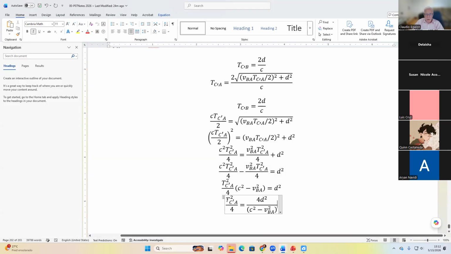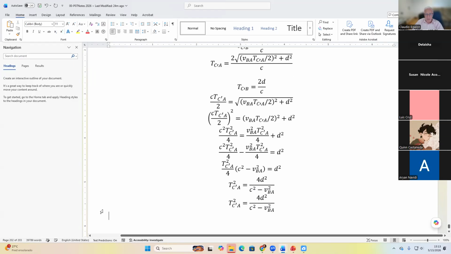We don't need the 4 on the left side anymore because I passed it to the right side. We don't need the parentheses anymore either. All we need now is the square root. Gotta take the square root of both sides.